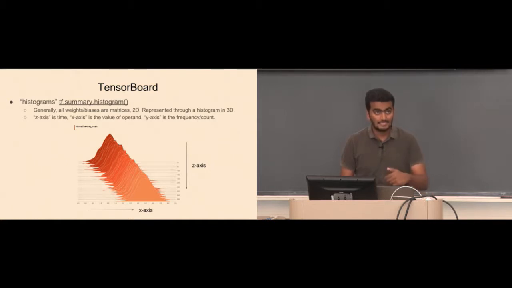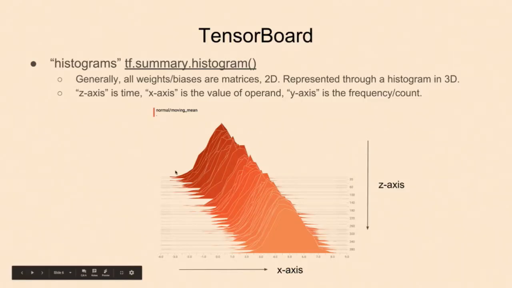Now, the z-axis that we have made here is the time dimension. If we look farther away in the time dimension, where it's initialized, we can see that the mean is 0, centered around 0, and the standard deviation is around 1. The way we are plotting it is that with increasing number of epochs, with increasing time, we are shifting the mean.